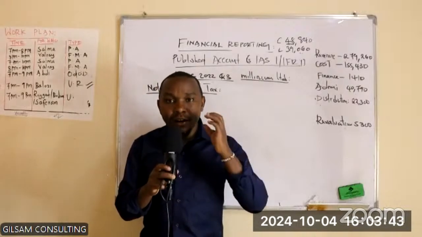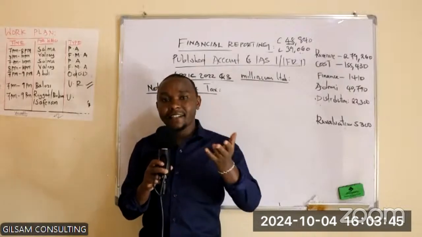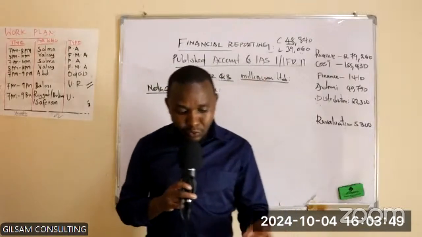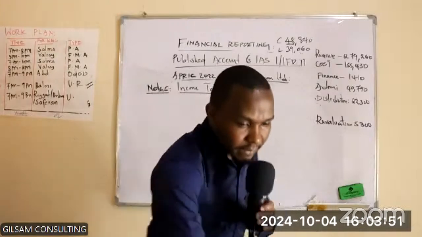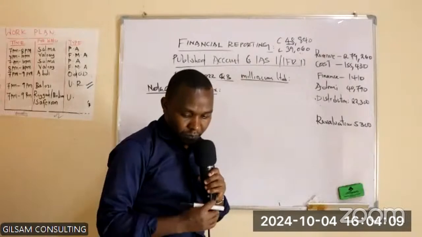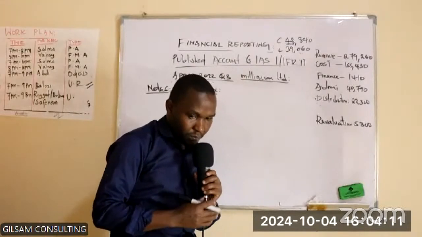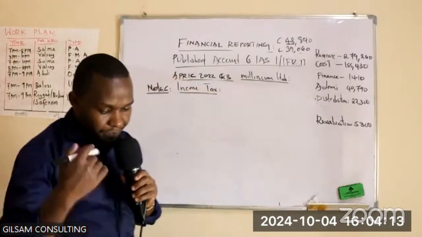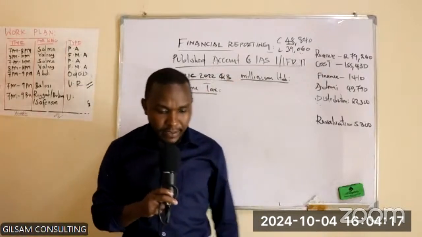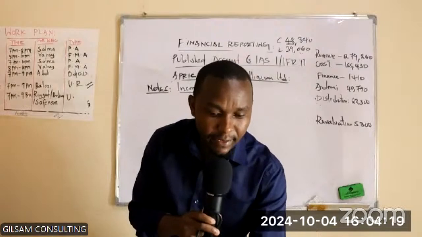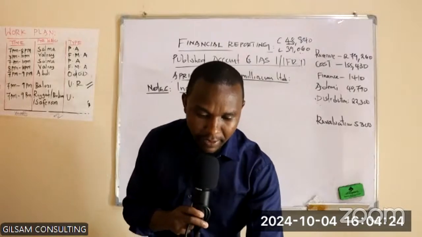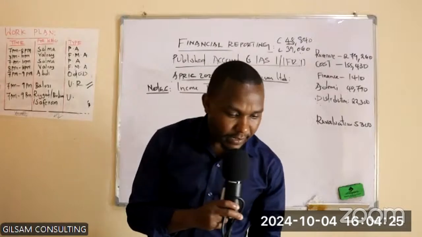But with the concept of debit and credit, which you have learned in financial accounting, then you can know whether this is an asset or a liability. So with the knowledge of financial accounting, this is a liability. This is a deferred tax liability.